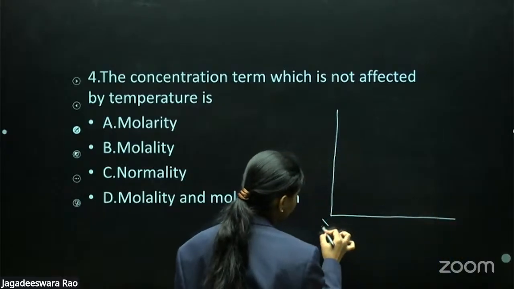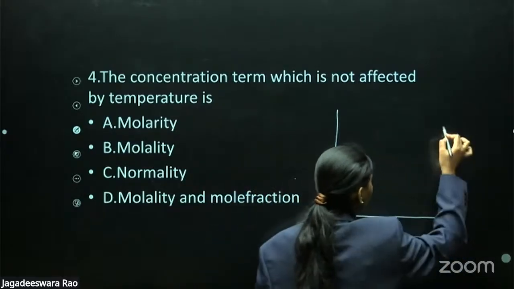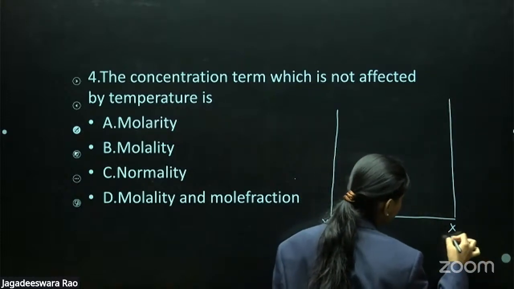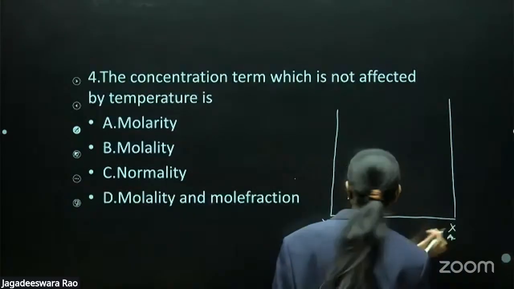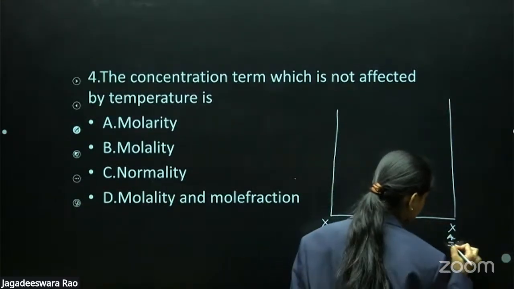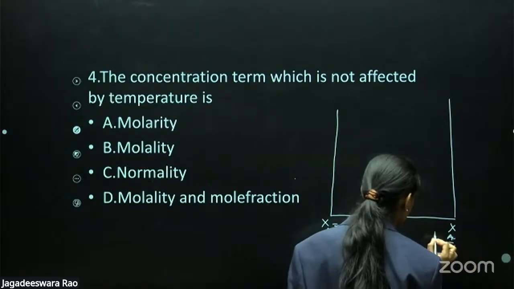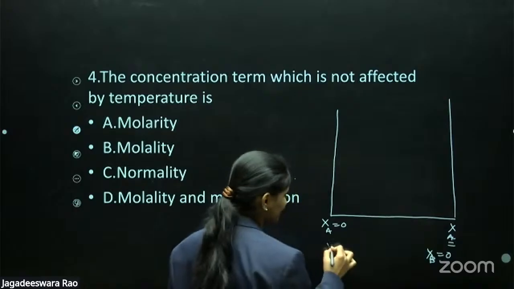Here you start when the mole fraction of A is 0, and it reaches the mole fraction of A up to 1. Similarly, XB is equals to 0 and it reaches XB is equals to 1.